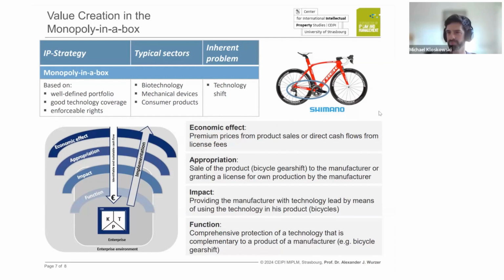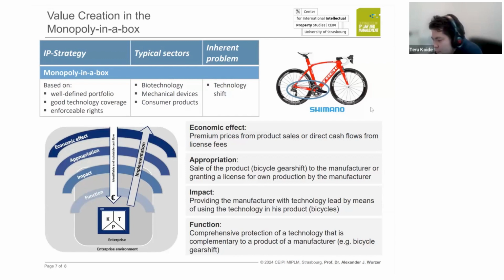Teru? Yep. Following the definition of the impact, I am moving to the topic of appropriation. In Shimano Company's case, by the impact of the technology lead, higher sales of their gear shift are appropriated, and also granting a license to other bicycle manufacturers that manufacture the same type of bicycle is appropriated.